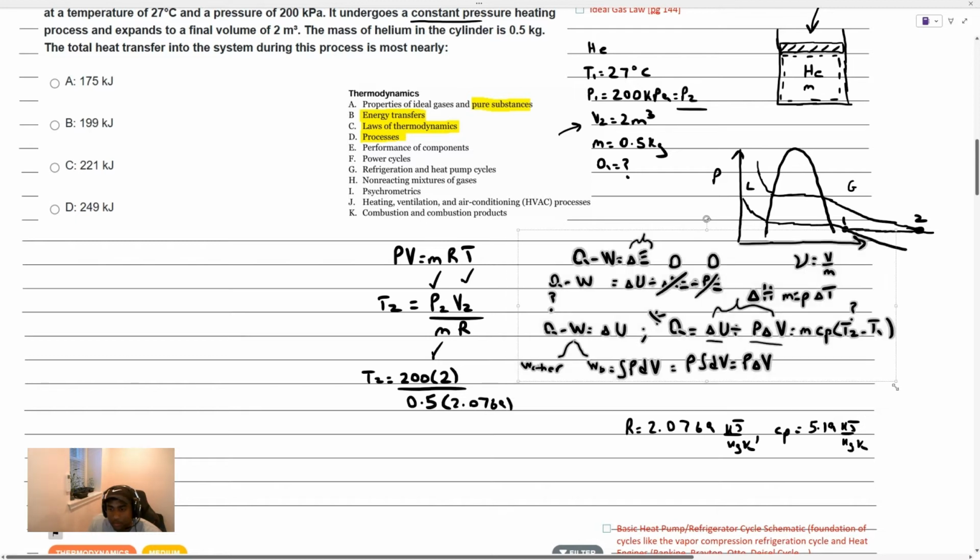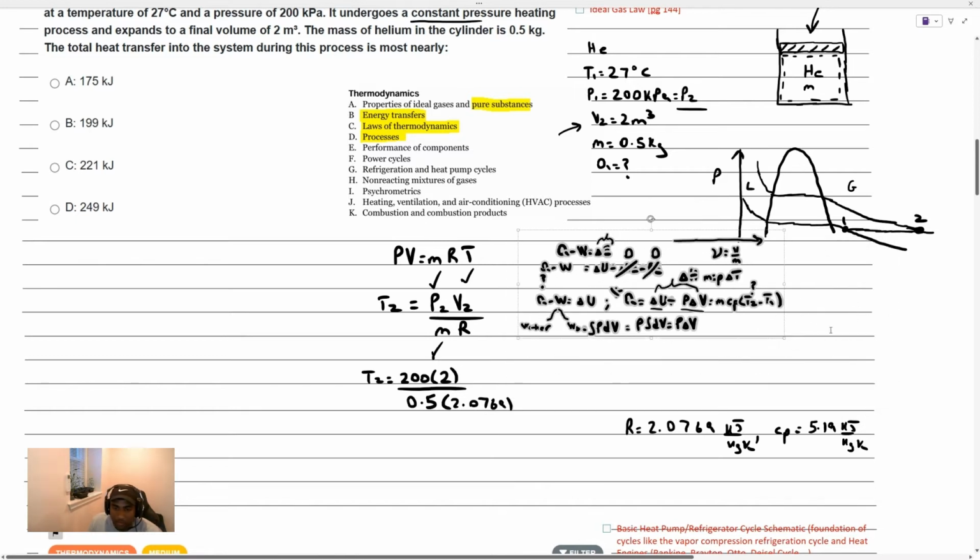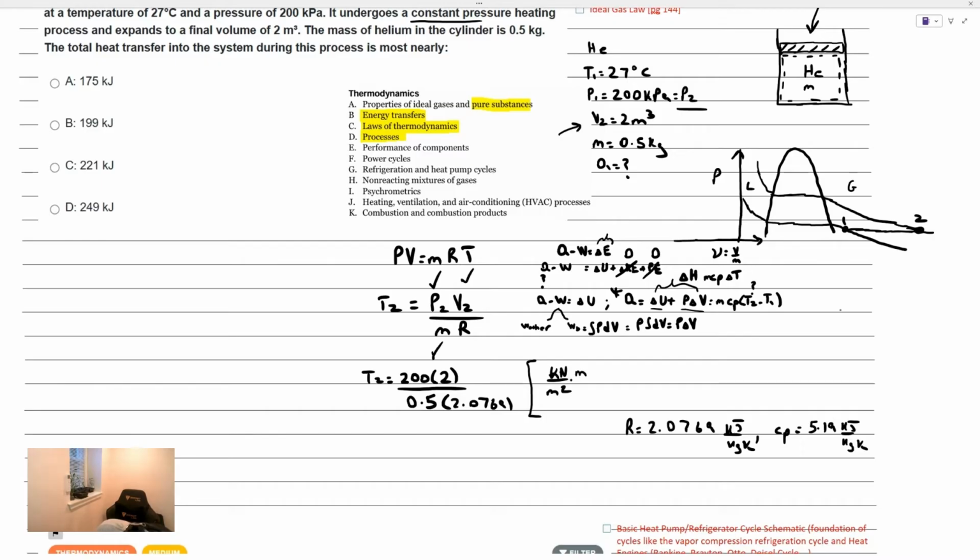Let's look at some of the units here. We have the 200 kilopascals, measured in kPa. Another way to write that is kilonewton per meter squared. If we multiply top and bottom by meter, what we get is a kilojoule. A kilonewton meter is a kilojoule, so kPa is a kilojoule per cubic meter.